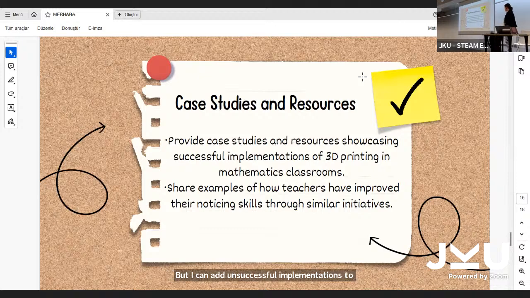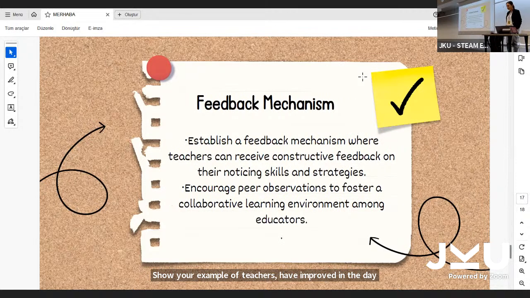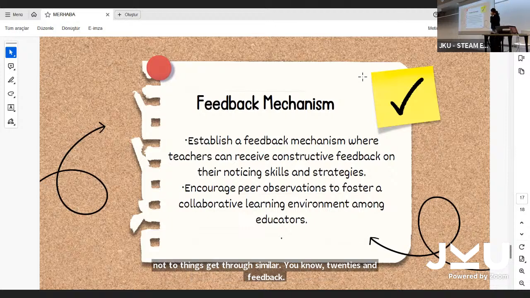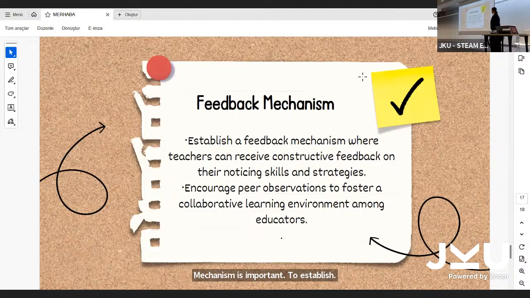Share examples of teachers who have improved their noticing skills through similar innovations. And feedback mechanism: it's important to establish a feedback mechanism where teachers can receive constructive feedback on their noticing skills and strategies, and encourage peer observations.